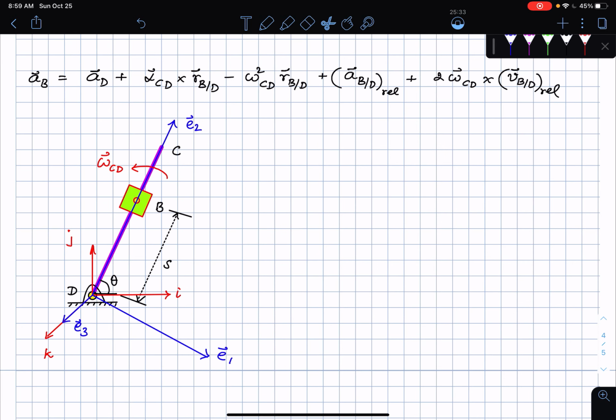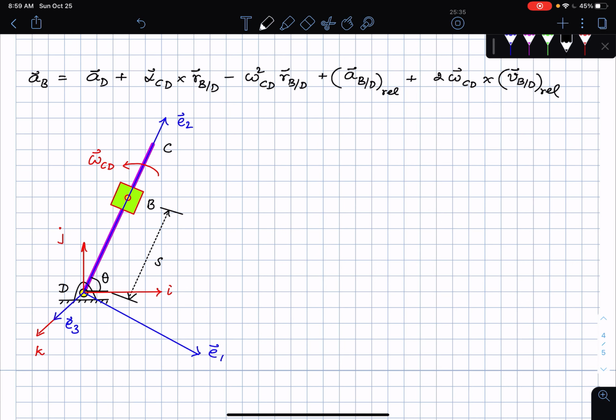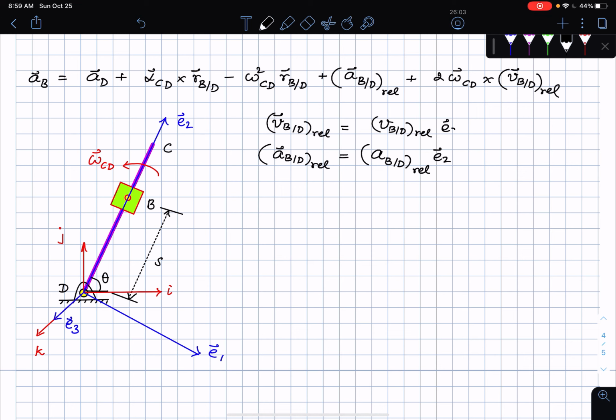Okay, and I just want to write down a few things here. So acceleration of B slash D relative is going to be the acceleration when the bar CD is fixed, and then I'm just taking the collar B and sliding it along the bar CD, which means that this is going to be along the E2 direction as well. And I already know that velocity of B slash D relative is V B slash D relative in the E2 direction.